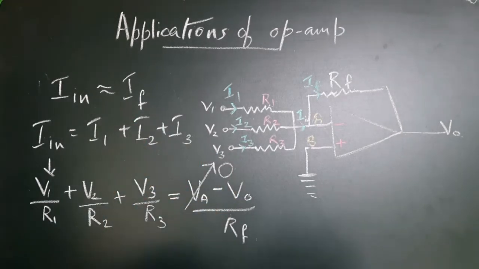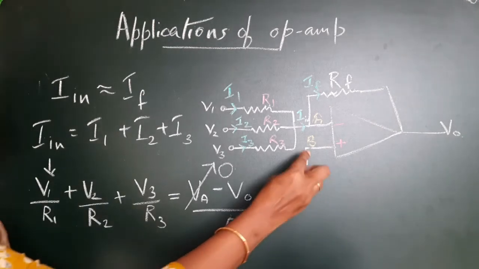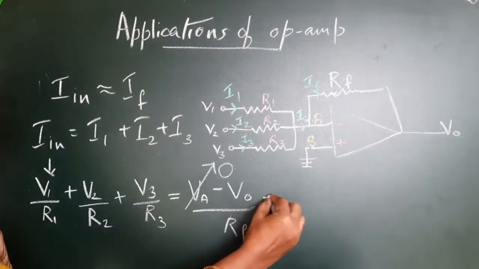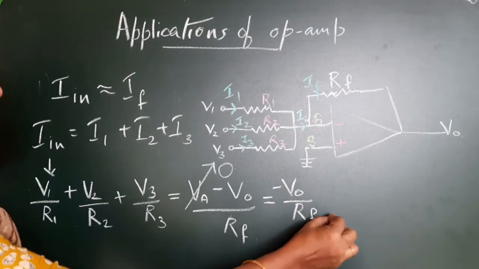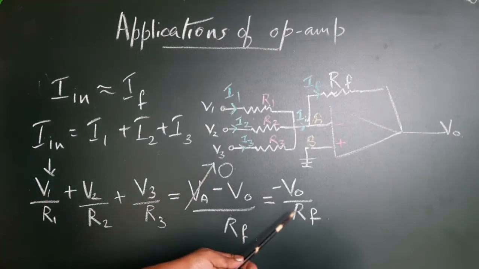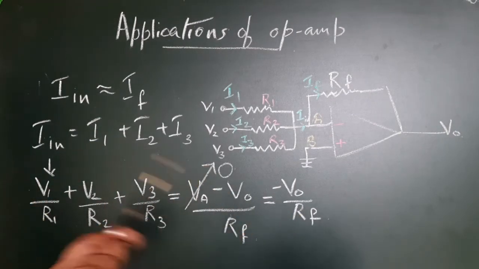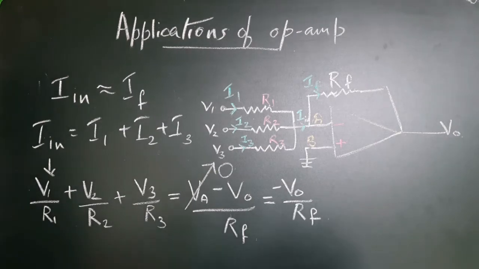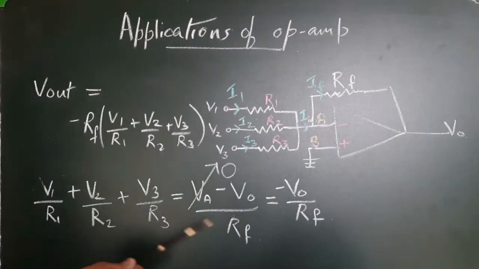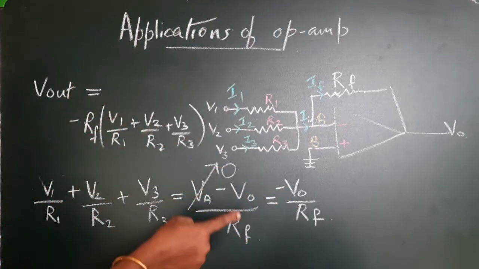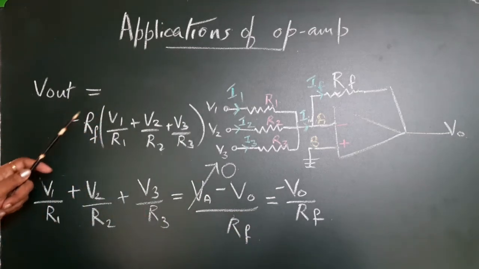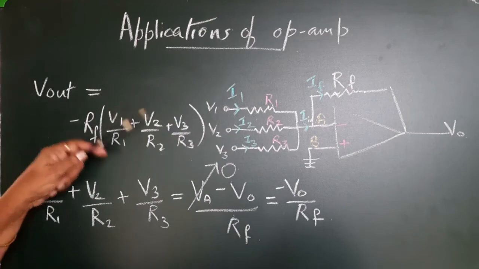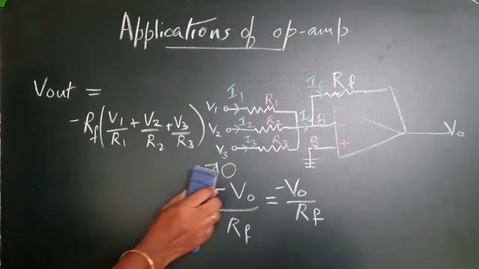So we will rewrite this as minus Vout by RF. We will take RF to this side and write this equation for Vout. On rearranging, Vout is equal to minus RF into V1 by R1 plus V2 by R2 plus V3 by R3.